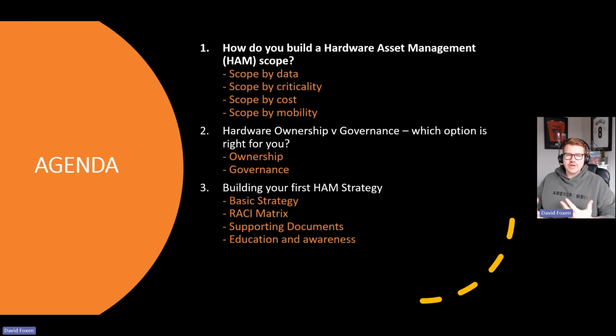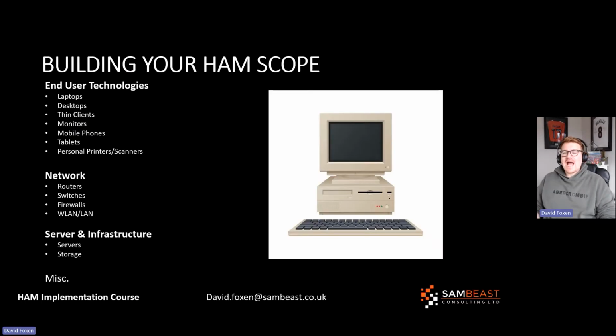And then finally, we're going to look at how to build a hardware asset management strategy, key things to consider like a RACI matrix, supporting documentation, and then obviously the importance of education and communication when implementing hardware asset management. First of all, let's look at how you should start building your hardware asset management scope.